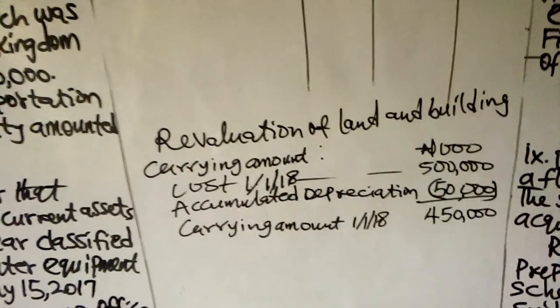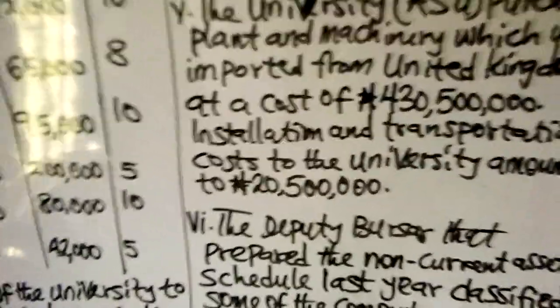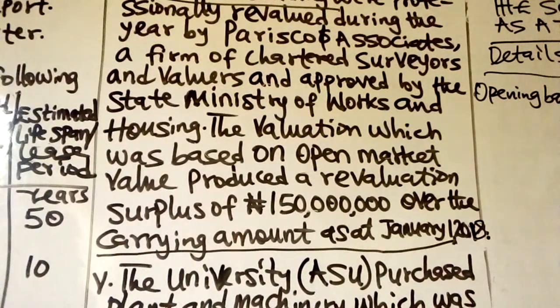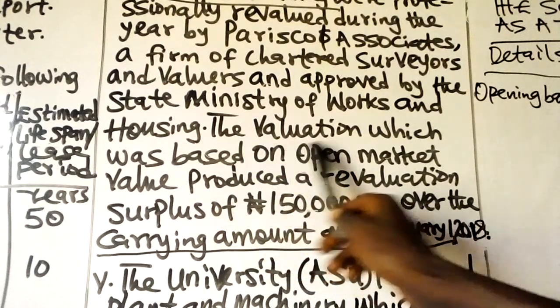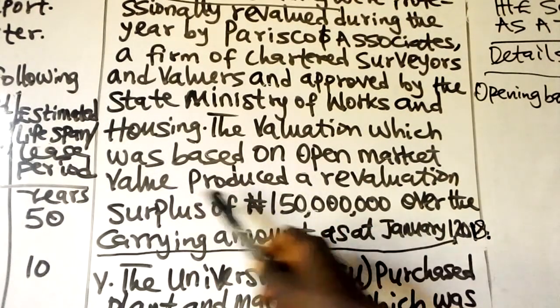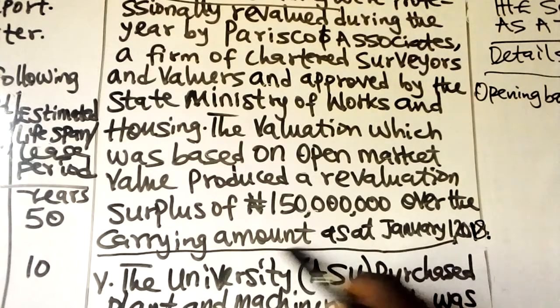And you were told that it was revalued upwards by 150 million. The valuation, which was based on open market value, produced a revaluation surplus of 150 million over the carrying amount as at January 1st, 2018.